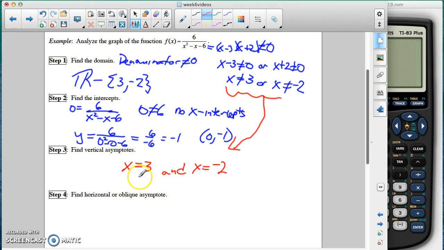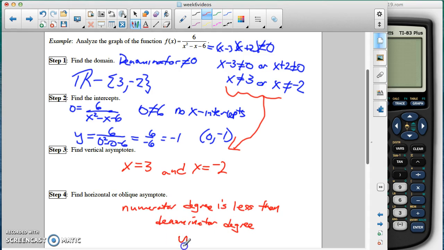That means that the numerator degree is less than the denominator degree. That gives us a horizontal asymptote at y equals 0. So we have 3 asymptotes and an intercept.